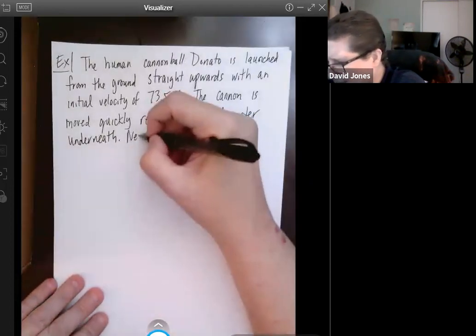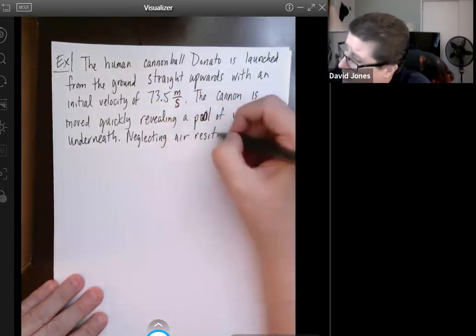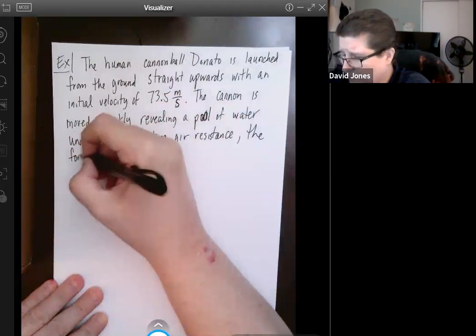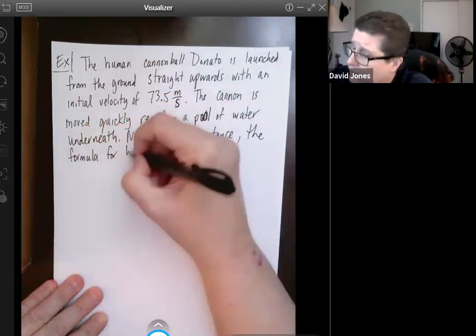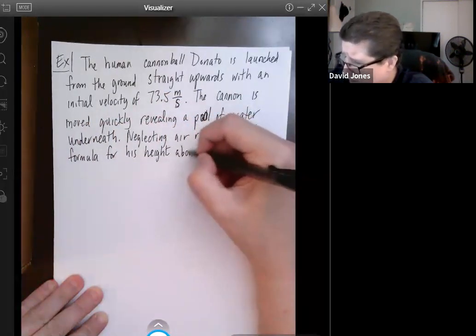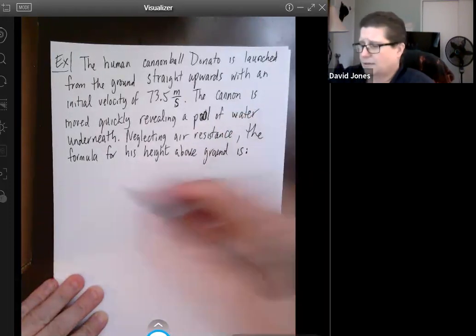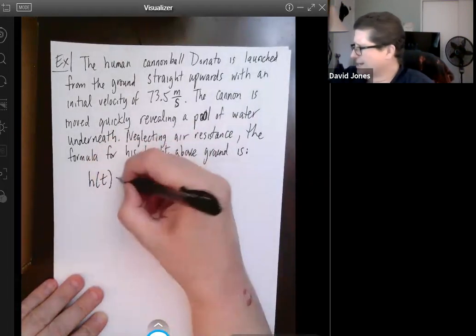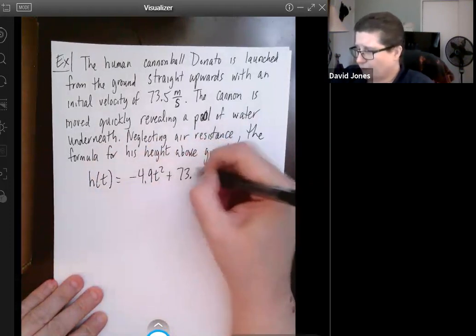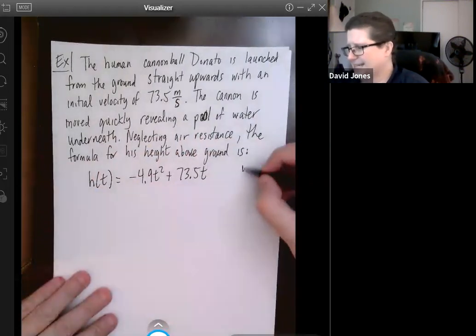Neglecting air resistance, so we're going to pretend there's no friction. The formula for his height above ground at time t is negative 4.9 t squared plus 73.5 t, where t is time in seconds.